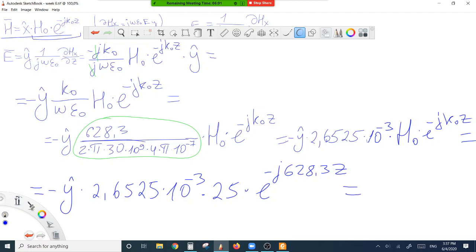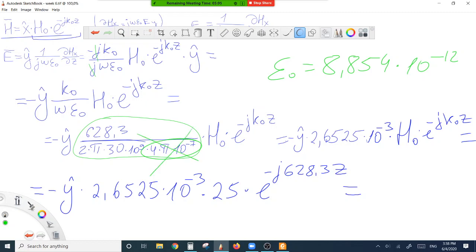And let's compute. Stop, please. Well, I made a very rough mistake, sorry, because epsilon 0 is equal to 8.854 times 10 to the minus 12, but here I wrote another thing, 4 pi 10 to the minus 7.